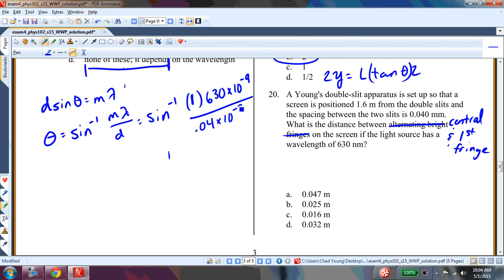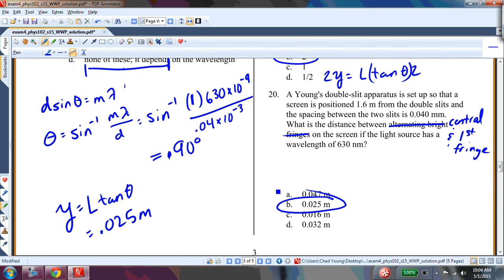So then I can find my angle, 2.9 degrees. And then I want to find the distance, this y, that's equal to L tan theta times L, which is 1.6 meters. I get 0.025. So B is the right answer for number 20.